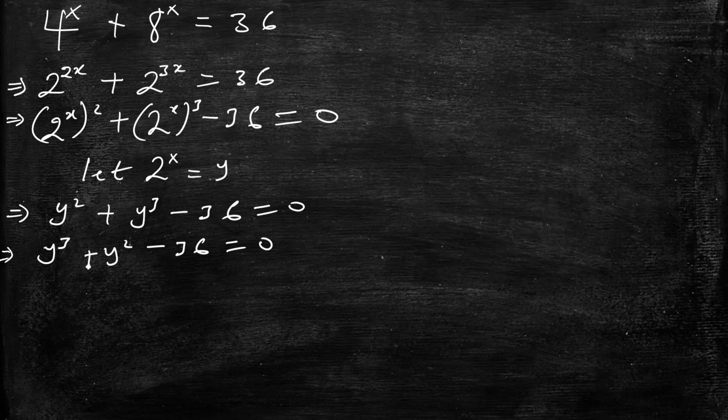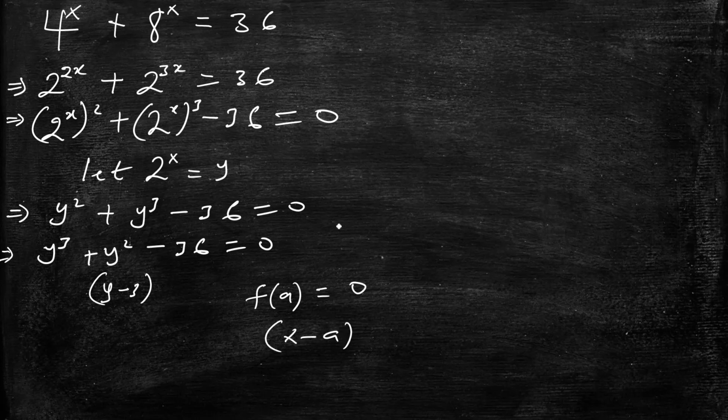So let's go to 3. 3 to the power 3 is 27. 3 squared is 9. So we have 36, and 36 minus 36 is 0. Good. So it means when y is equal to 3, it's a factor, the first factor. By the factor theorem, if f of a equals 0, it means x minus a is a factor.